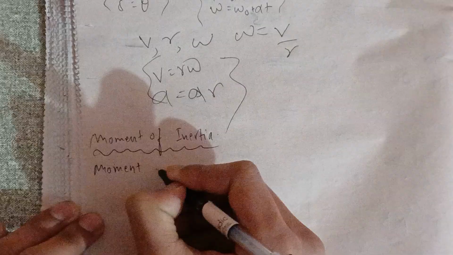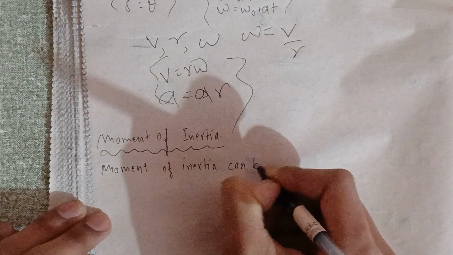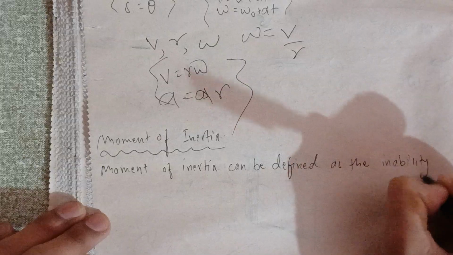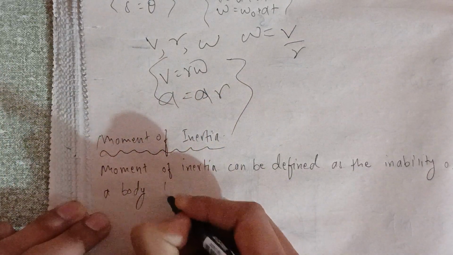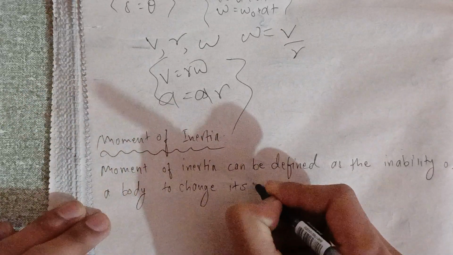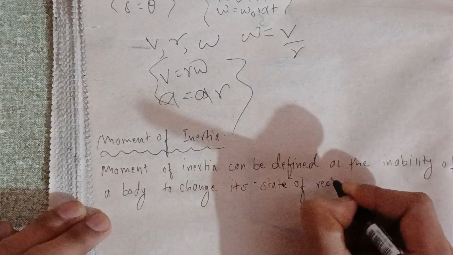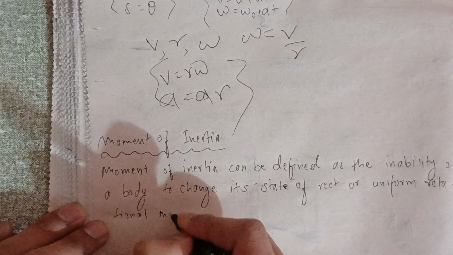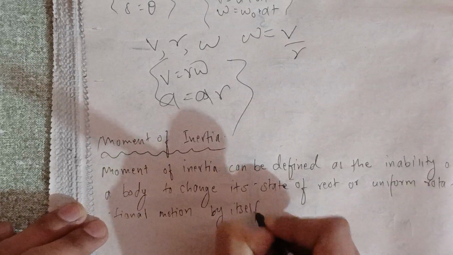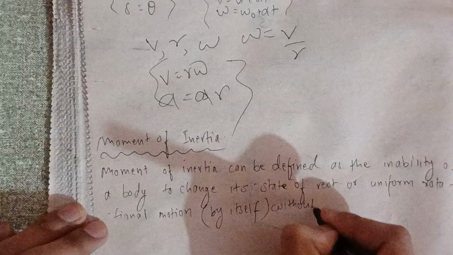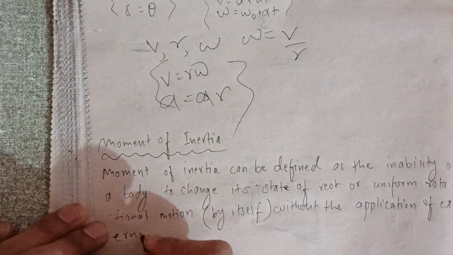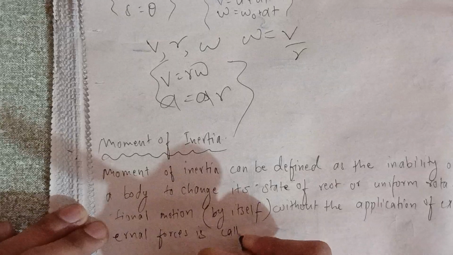Moment of inertia can be defined as the inability of a body to change its state of rest or uniform rotational motion by itself, or without the application of external forces.